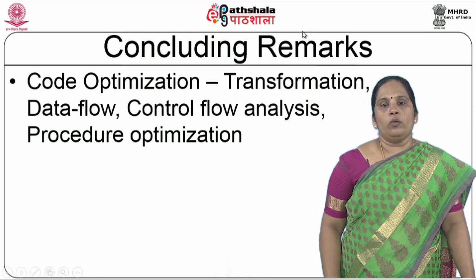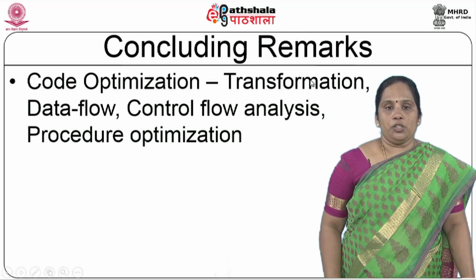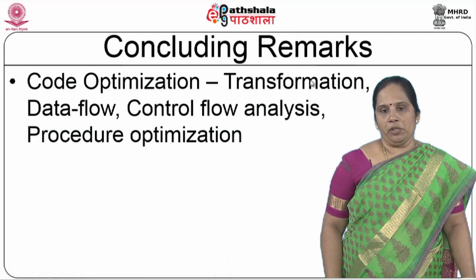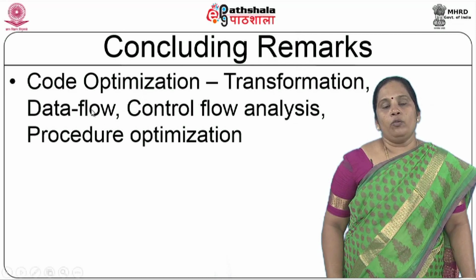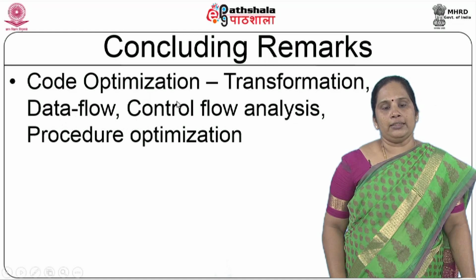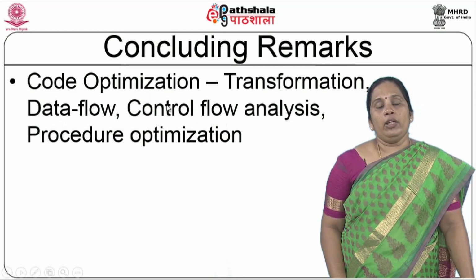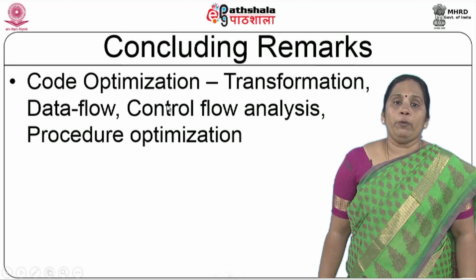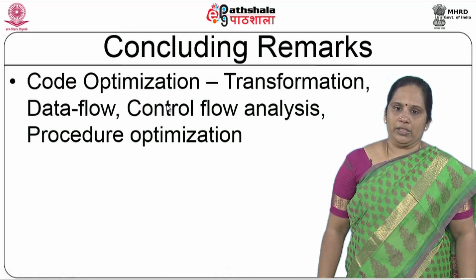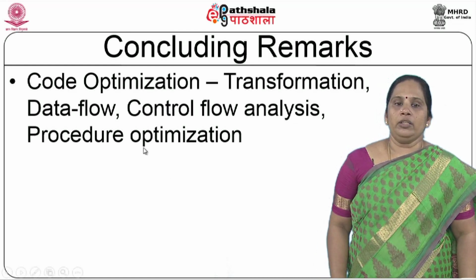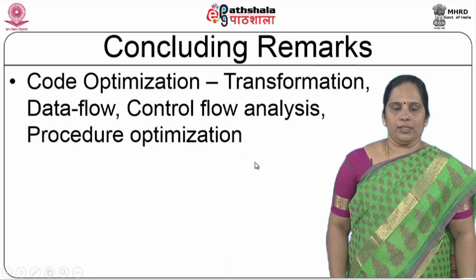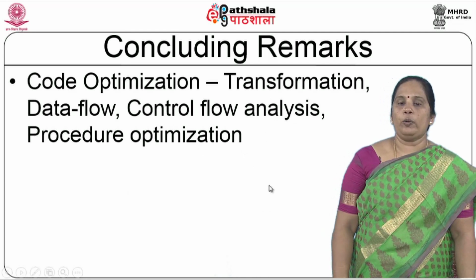We looked at transformations as structure preserving and function preserving transformations. We also looked at how to compute data flow analysis as well as control flow analysis. We looked at an important concept called peephole optimization. And finally, we concluded with procedure optimization, the last topic which we discussed in this module.